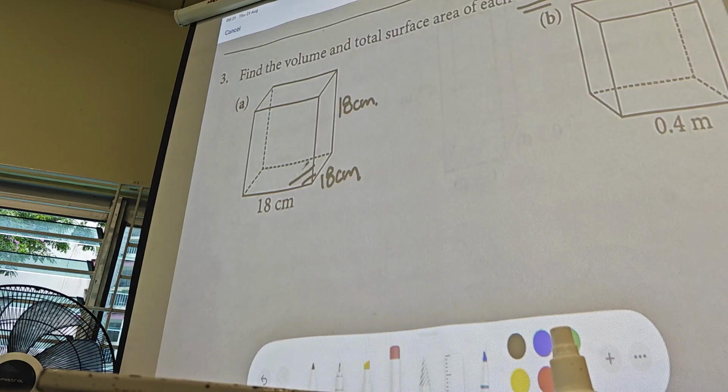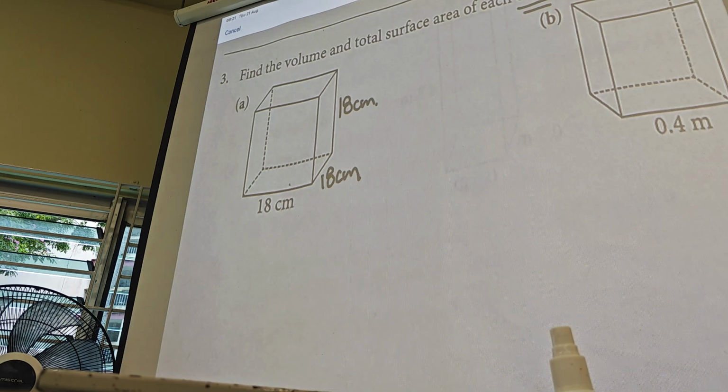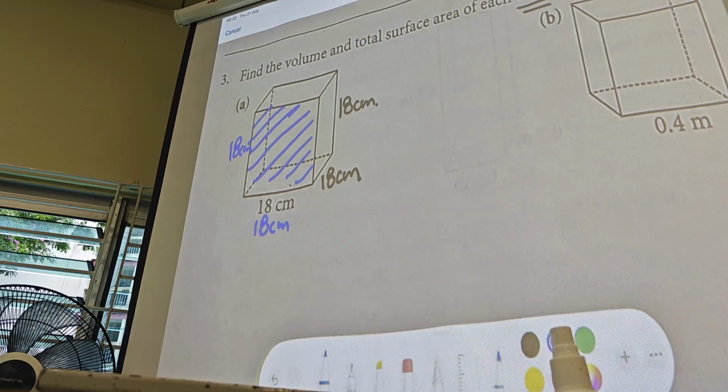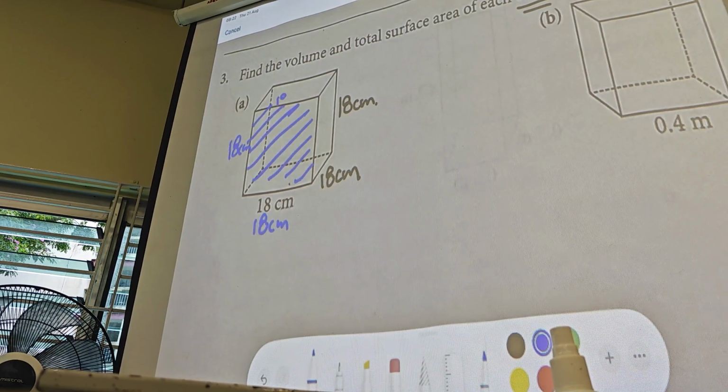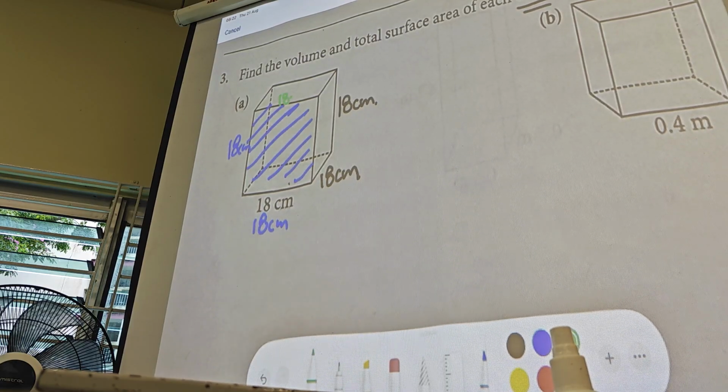Let me not use black first. So if I see from the front, here is 18 centimeter by 18 centimeter, so I will see a square. If I see from the top, here is 18, here is 18, then the side here is also 18.